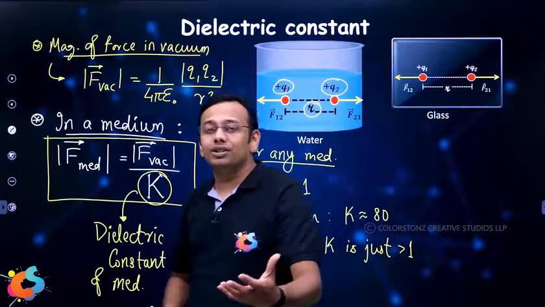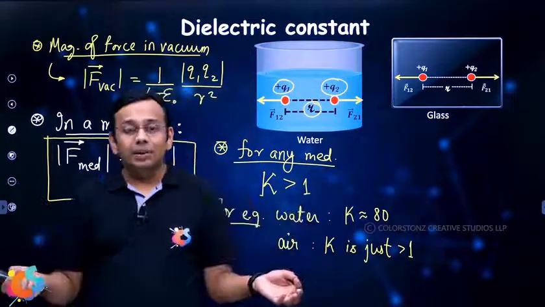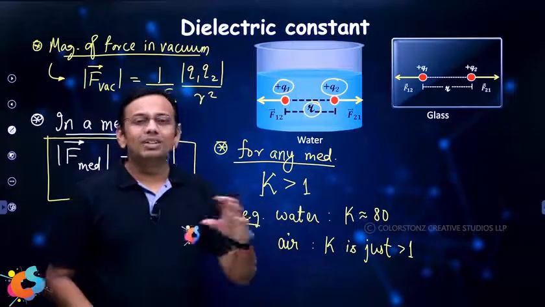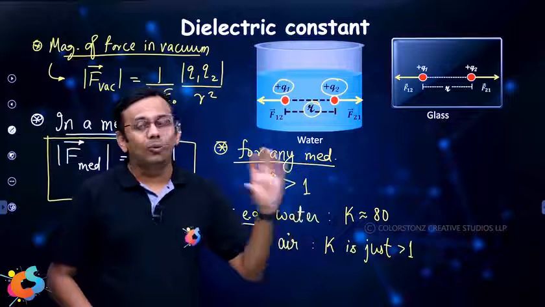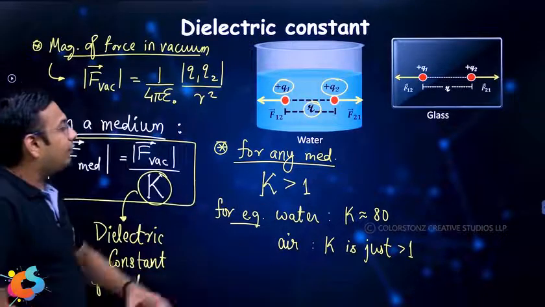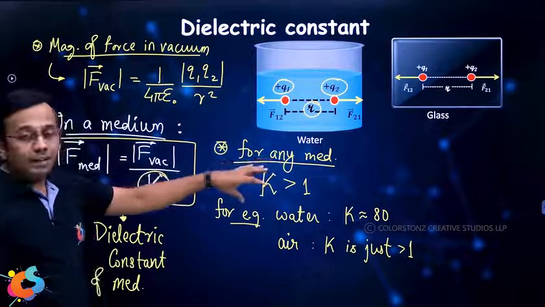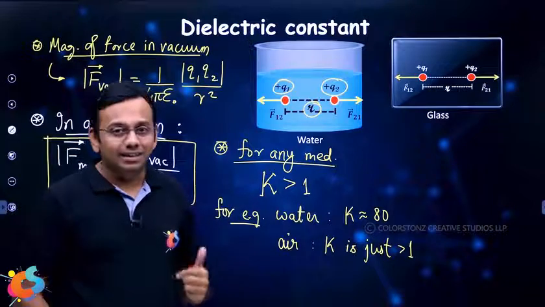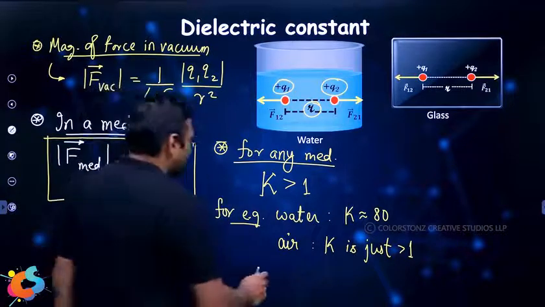Suppose in some question they say two charges are kept in air, then do not worry about the dielectric constant. You can assume it to be nearly equal to 1. So this is for water and air. For any medium, we have said it is greater than 1. But if we have conductors, if we have metals, then the result is very interesting.